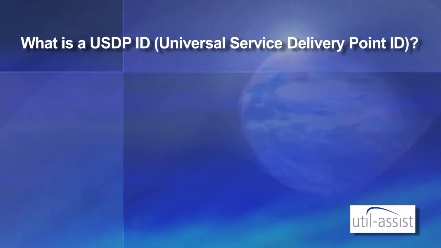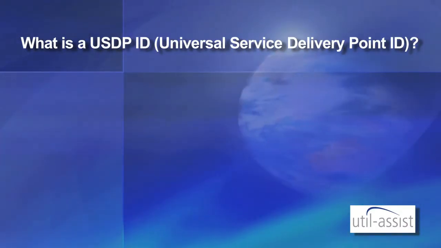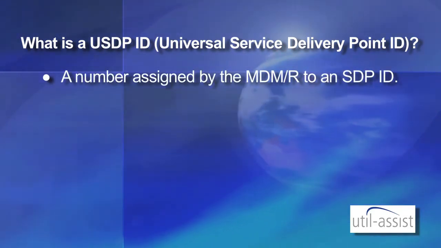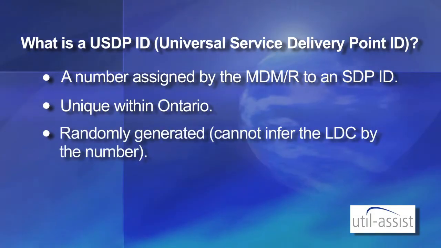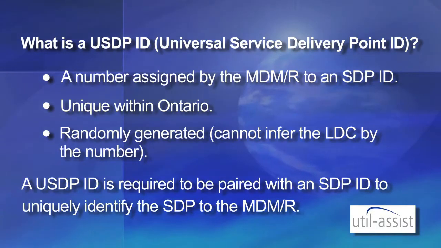What is a USDP ID, or Universal Service Delivery Point ID? A number assigned by the MDMR to an SDP ID, unique within Ontario, randomly generated, cannot infer the LDC by the number. A USDP ID is required to be paired with the SDP ID to uniquely identify the SDP to the MDMR.